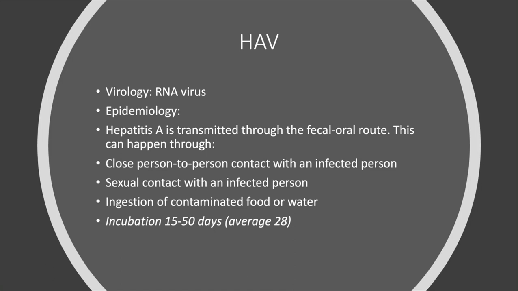Hepatitis A is an acute infection when it presents clinically, and it is a self-limited infection that resolves on its own. Treatment that we provide for hepatitis A is supportive care. Treatment we provide for hepatitis A is preventing people from getting it through vaccination or immunoglobulin treatment.